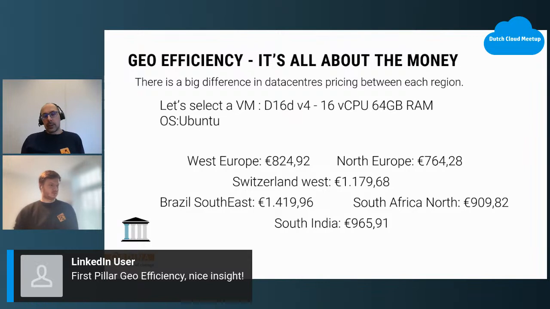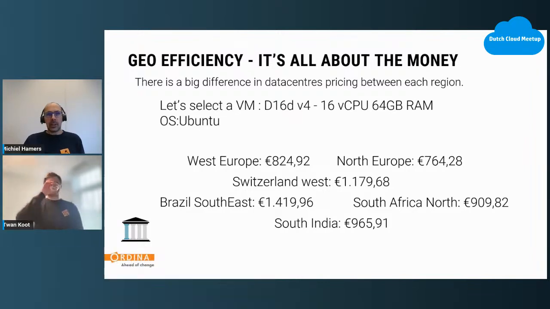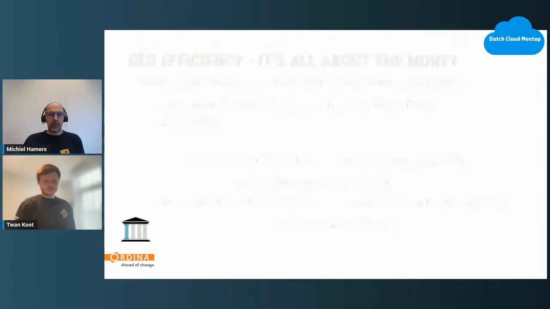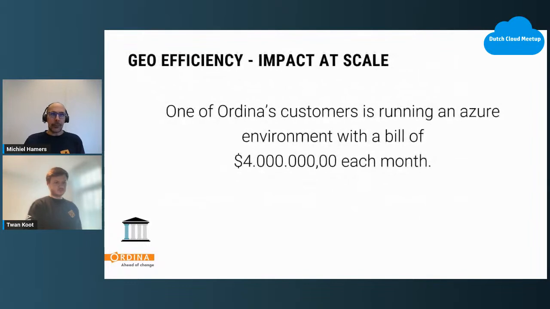So you can just choose that, and it doesn't seem to be a big amount, let's say €100 for a server, but think of it at scale. One of Ordina's customers is running an Azure environment with a bill of $4 million each month. If you can make a difference of 10% or even 1%, it's a huge amount when you compare it over a year.